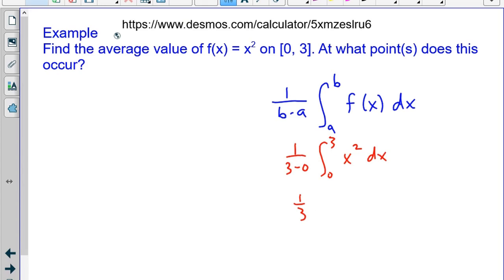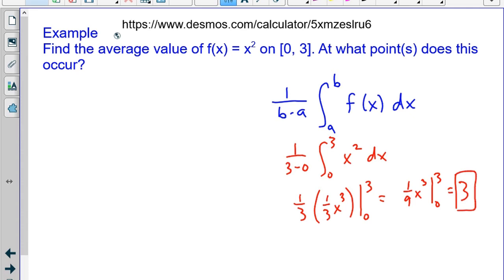So this is 1/3 times 1/3 x cubed evaluated from 0 to 3. So if I take a look at this, I get 1/9 x cubed evaluated from 0 to 3. If I substitute in 3, I get 27 over 9, which is 3. If I substitute in 0, I get 0.